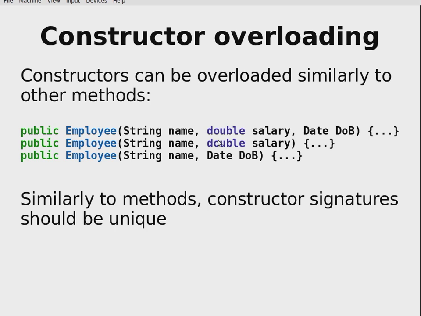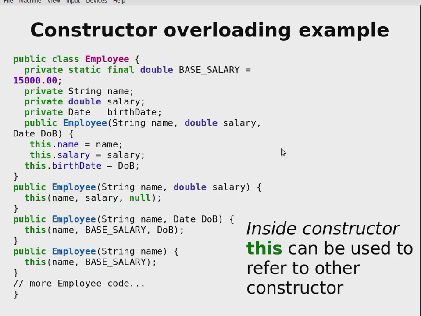And when you overload constructors, again, you can have many different parameters, but you should be careful sometimes about precise types, because these should be unique enough so that they can be distinguished. With different sets of constructors, you use the this keyword quite a lot.